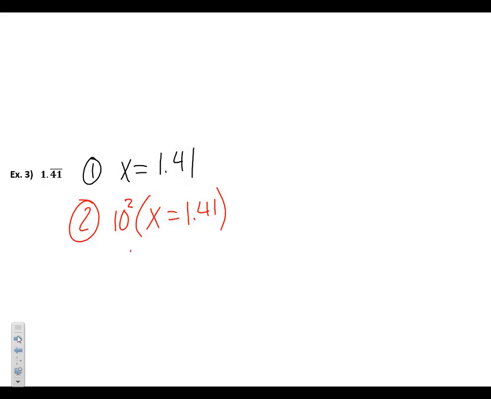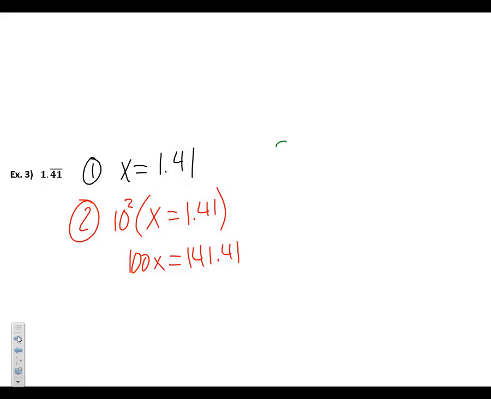So 100 times x gives me 100x. And 100 times 1.41 repeating gives me 141.41 repeating. Always want to put that repeating decimal on there. Moving right along.